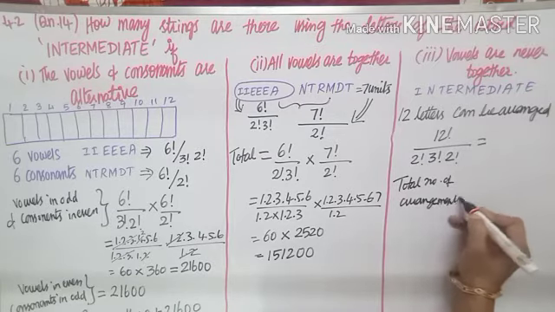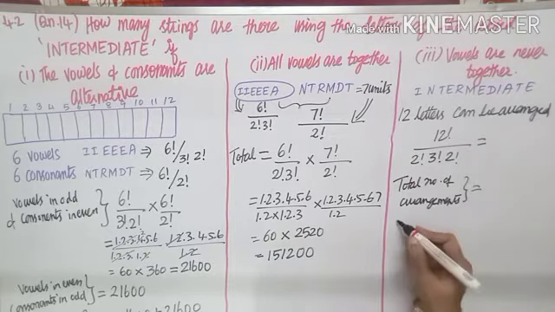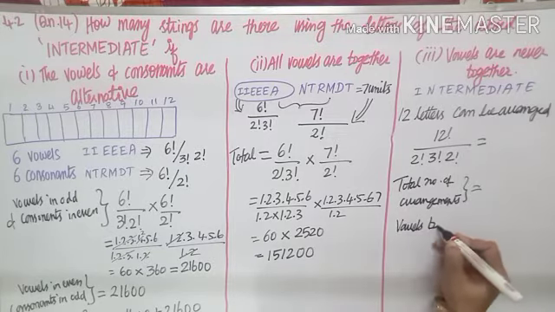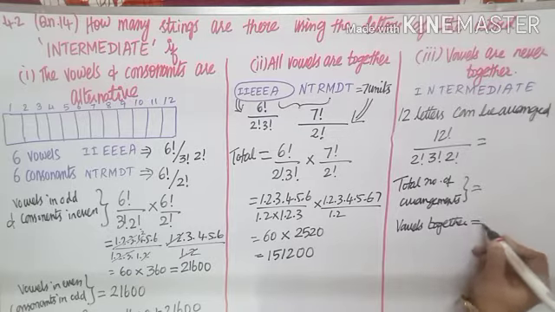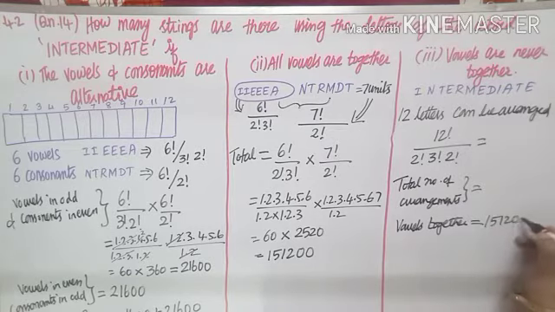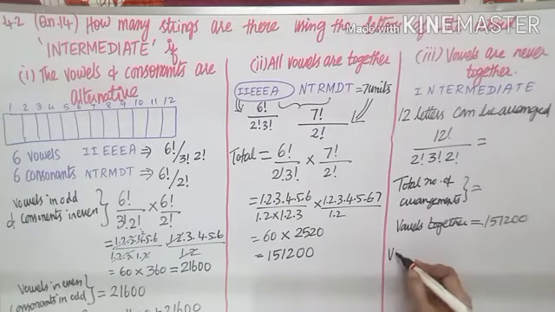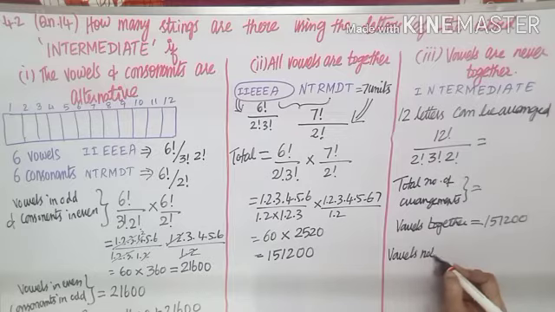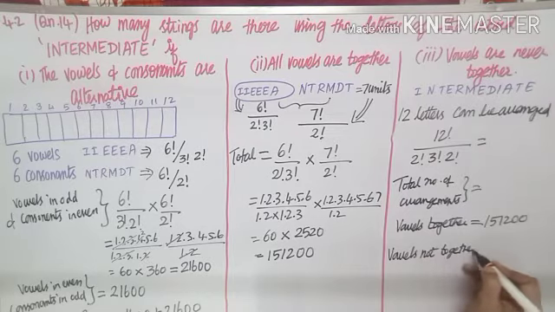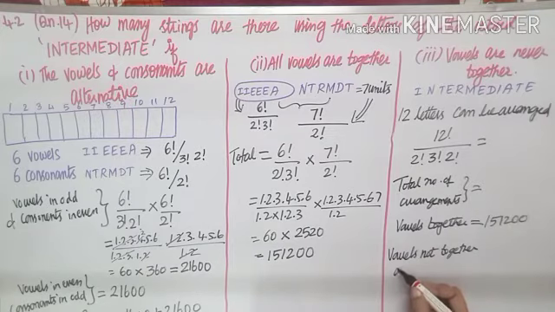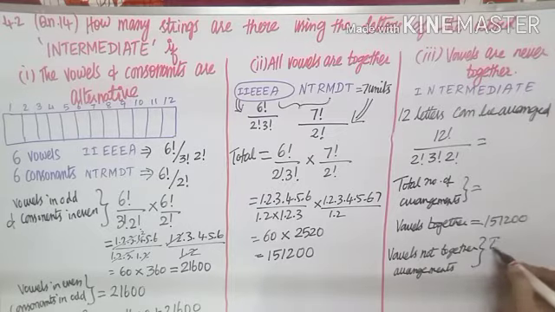Find out this answer. So this is total number of arrangements. In that, let us subtract vowels together from the second case. So the vowels together we have 151200. From this answer subtract so that we will get vowels not together arrangements. So we need to just calculate and simplify. So vowels not together arrangements will be, just subtract total minus vowels together.